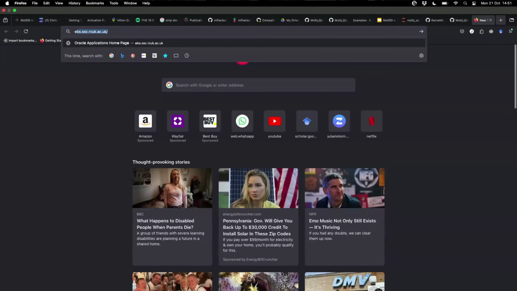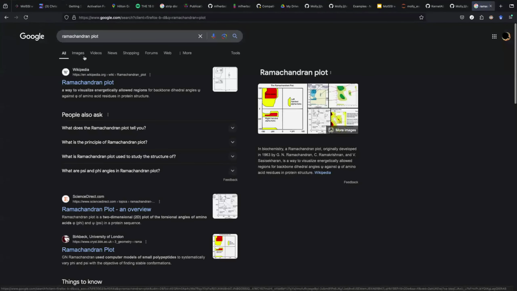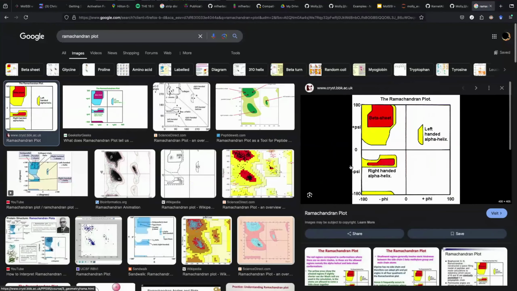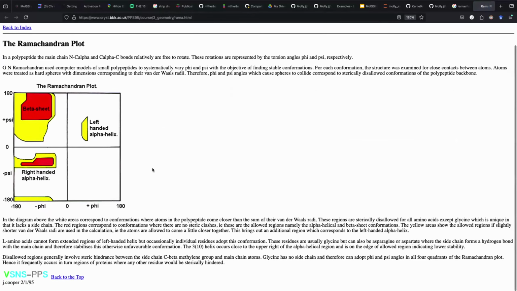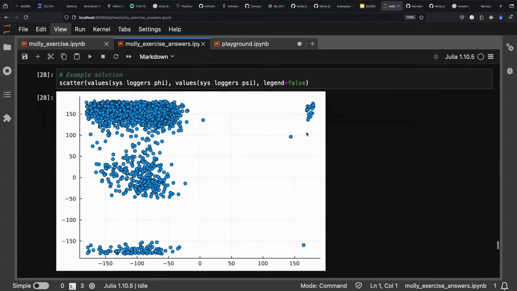And if we search the Ramachandran plot, we see that the region here corresponds to the alpha helix, and the region up here corresponds to the beta sheet. We see that we are sampling both of them, which kind of makes sense because proteins can sample either of these, and this is not even a protein, it's just 2 amino acids. So we can sample both of those spaces.